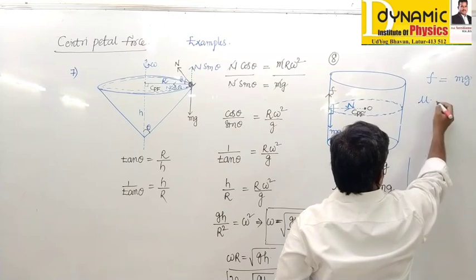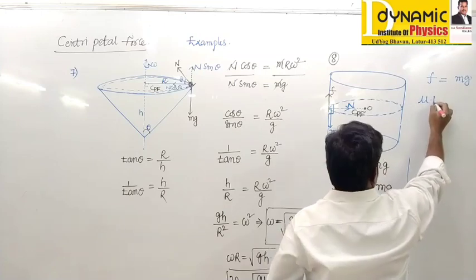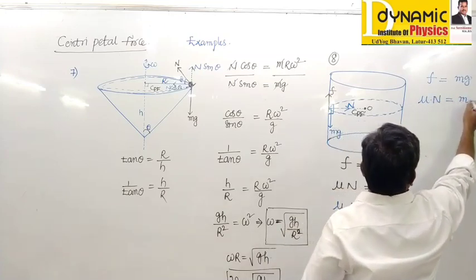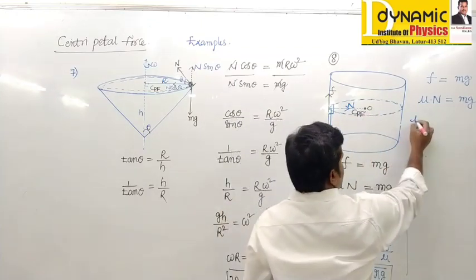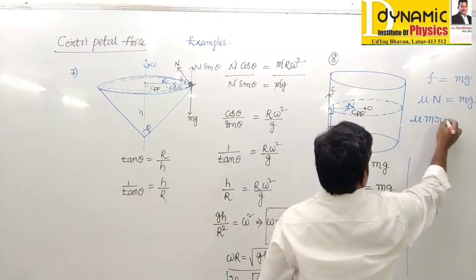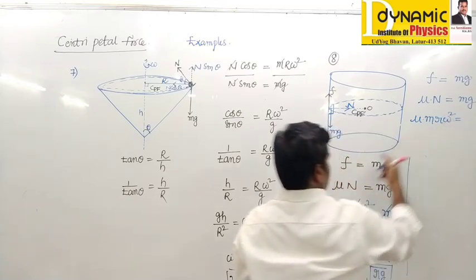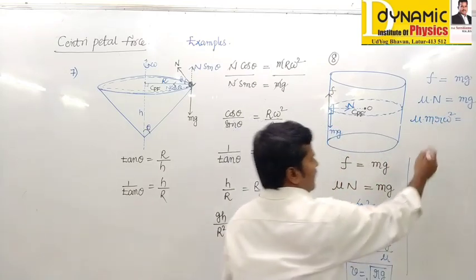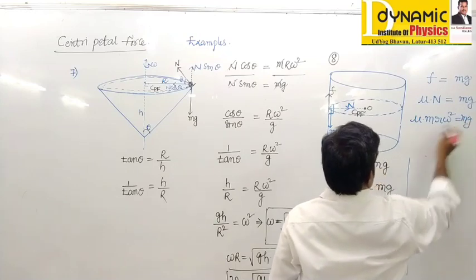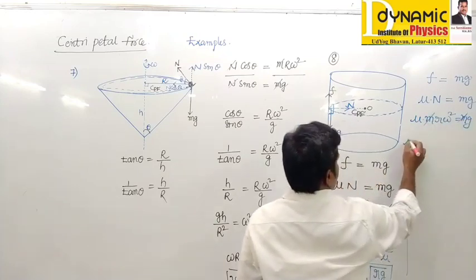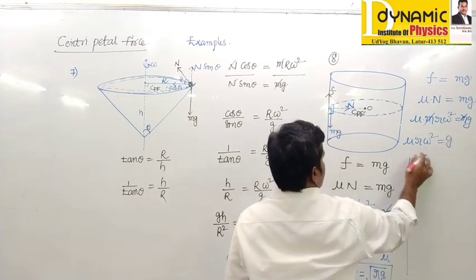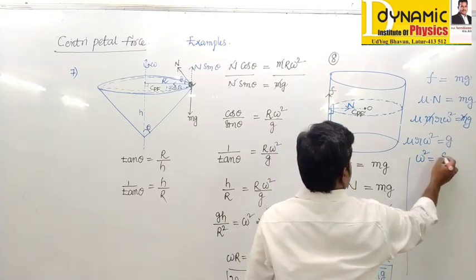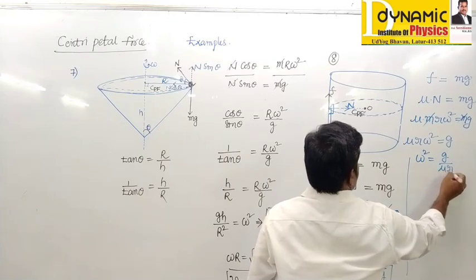Mu into N, where N is the normal reaction, equals mg. Centripetal force is given by the normal reaction, written as mr omega square, otherwise mv square by r. So after simplification, mu into r omega square equals g. So omega square equals g upon mu into r.